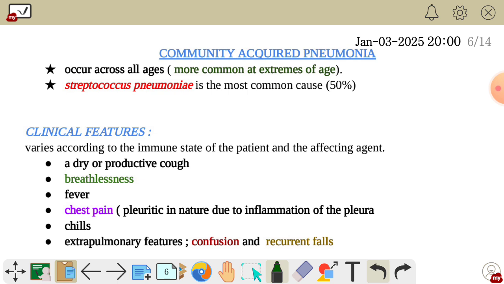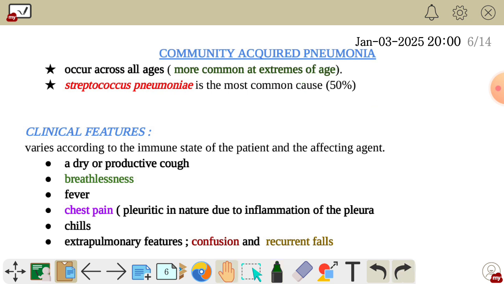So it occurs across all ages, and it is more common at extremes of ages, such as those who are below 16 years and those who are above 65 years. Okay, that is what it means when we say common at extremes of age. So the most common cause here is Streptococcus pneumoniae, and it causes 50% of cases.